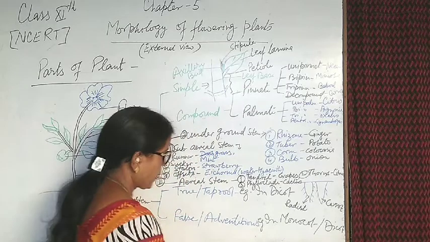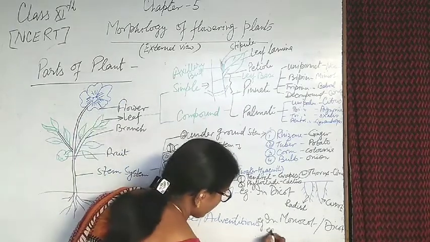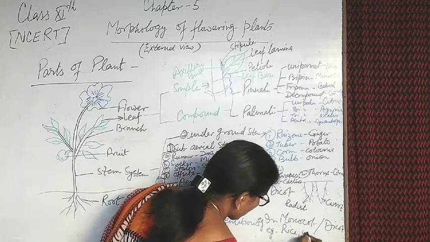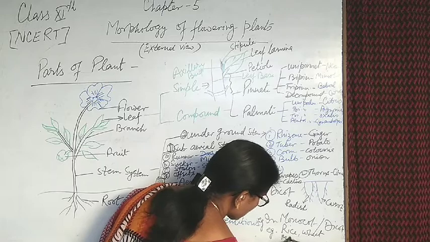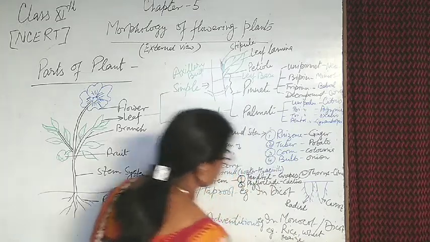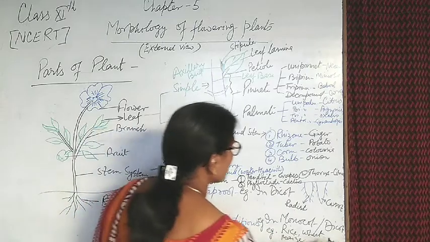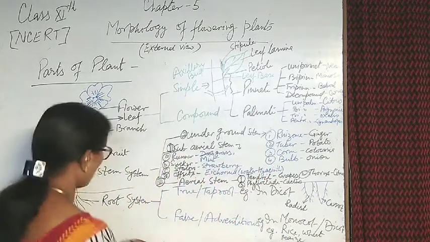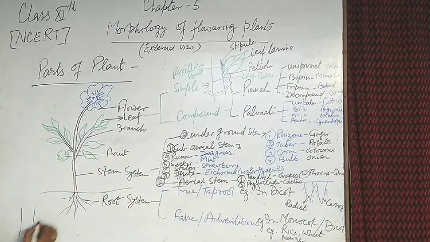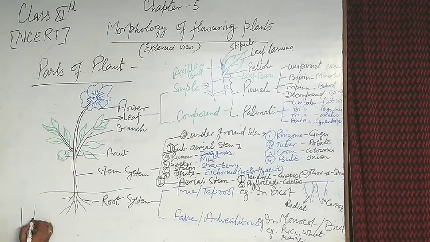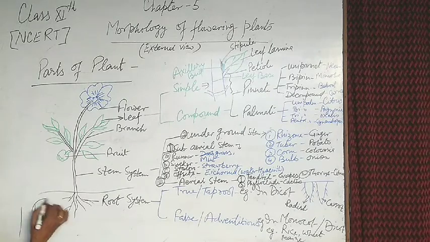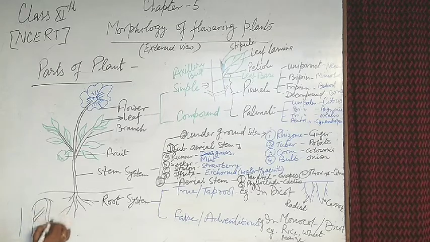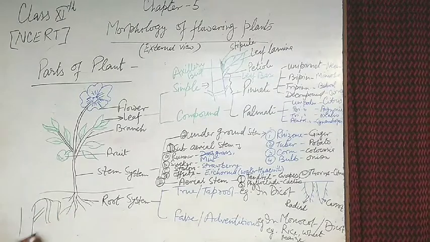Adventitious roots are found in wheat, and in monocot plants like rice, wheat, maize, etc. In the banyan tree, a hard woody stem has branches hanging down that touch the soil.